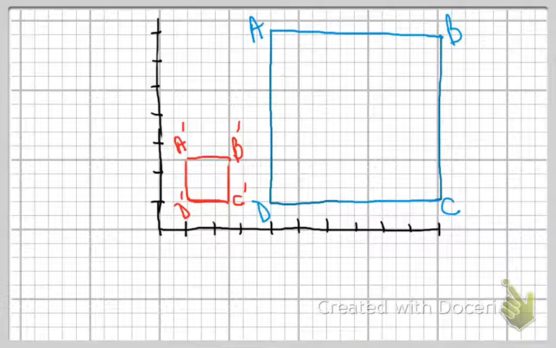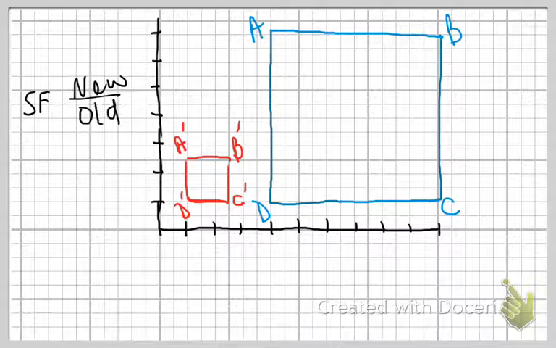Okay, here's another one that we're going to try. This one is trying to find the scale factor. Notice I have two shapes here. I have to figure out which one's my original and which one's my new shape, and you should be able to tell by the prime. Scale factor is new over old. The prime is the new.